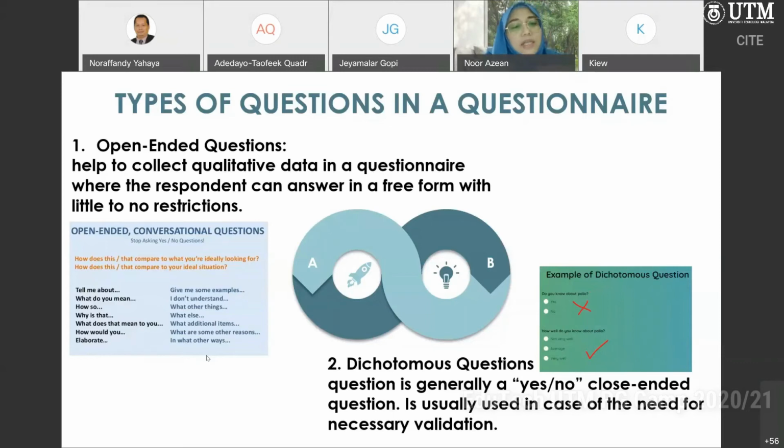Do not say please give me five, please give me four, no. What some other reasons can we use to construct student visual thinking? So these are the words you can use when you use the open-ended question. So the development of the questionnaire based on the open-ended question and the dichotomous question is really important.